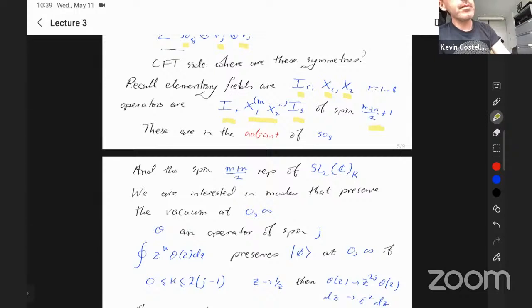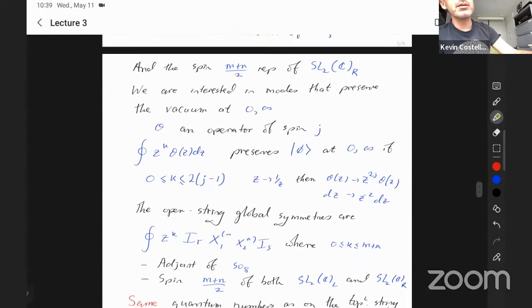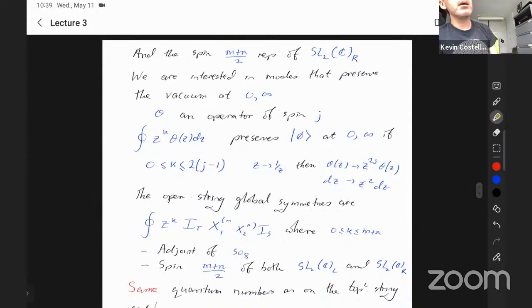But to reproduce the quantum numbers we saw on the holographically dual side, we should recall that we're not interested in all operators or all modes of operators. Rather, we're interested in those modes that preserve the vacuum at 0 and infinity. So this picks out a subalgebra of all of the modes. Some people call this the wedge algebra.